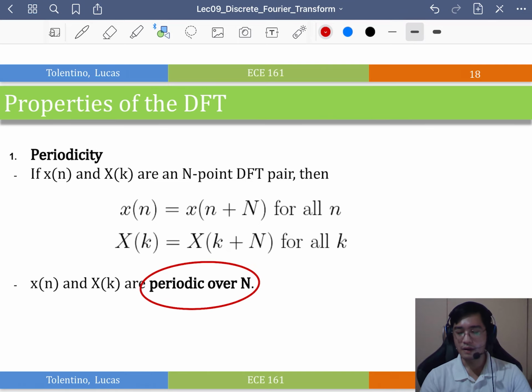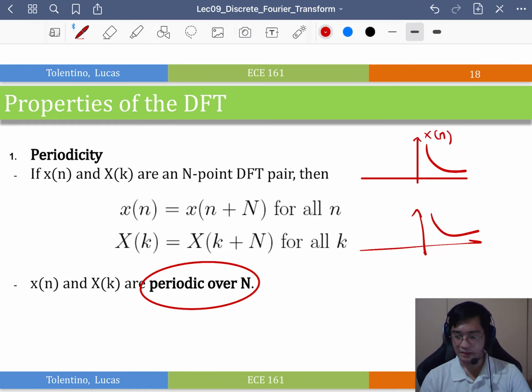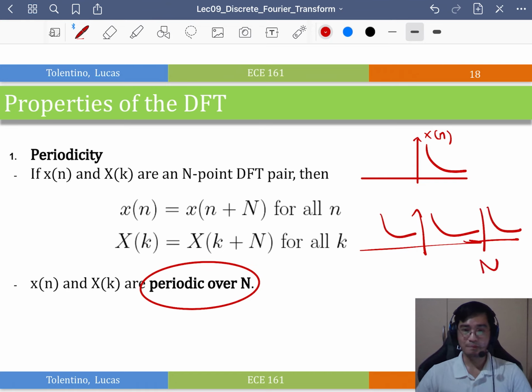If we have x of n as this function, we are now generating replicas of x of n with a period equal to N, the number of samples that we've taken from the frequency. And the frequency domain representation is also periodic with the same number. So N is always the period of both x and capital X.